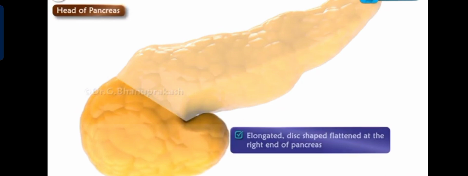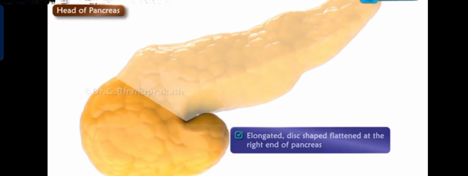and it lies in the concavity of the C-shaped loop of the duodenum at the level of L2 vertebra. Now what are the external features of this head portion? The head of the pancreas has 3 borders, which are the superior border, inferior border and the lateral border.